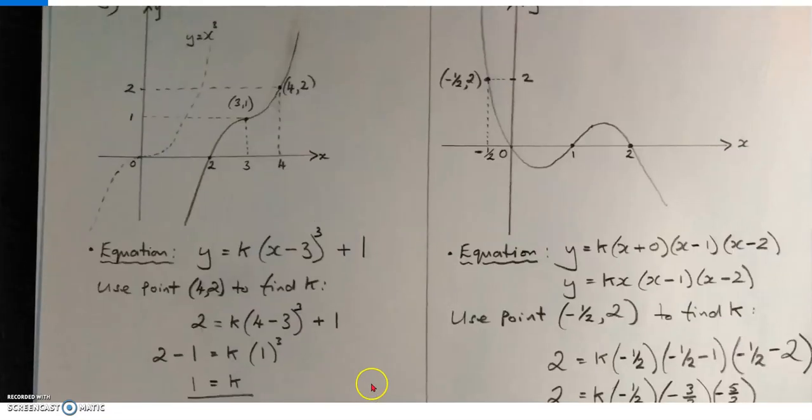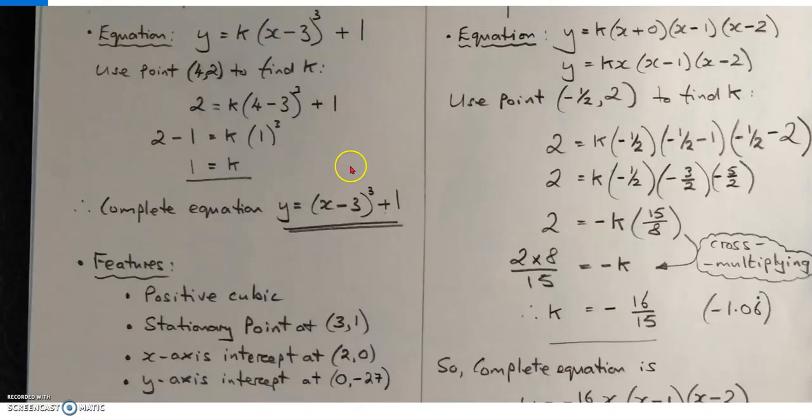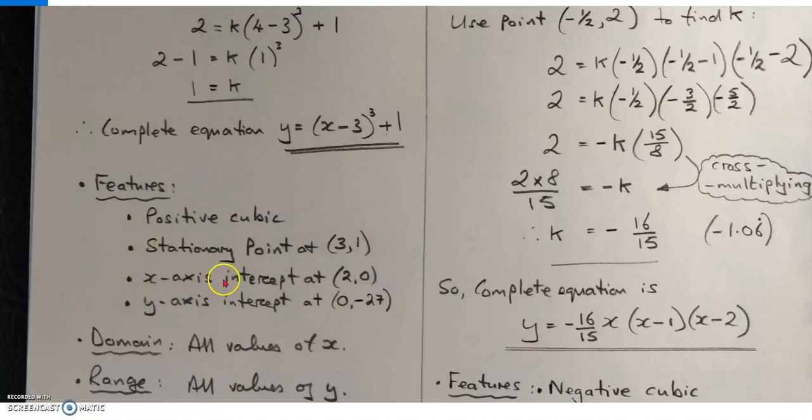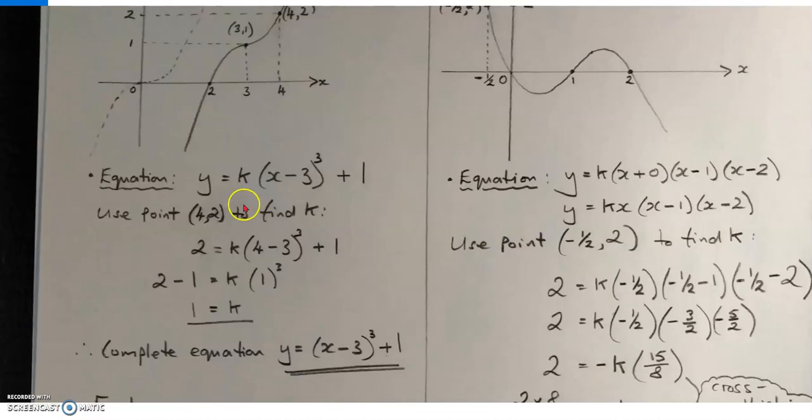And there's a stationary point at 3, 1, like there is there. And there are x-axis intercepts at 2, 0, which is that point there. And then, of course, if this was to continue down, at some point way down here, there would be an intercept on the y-axis.